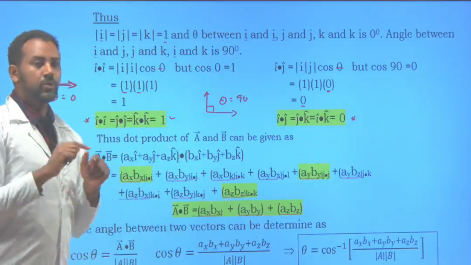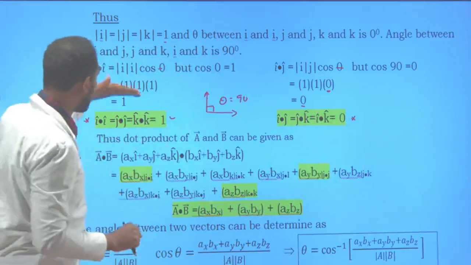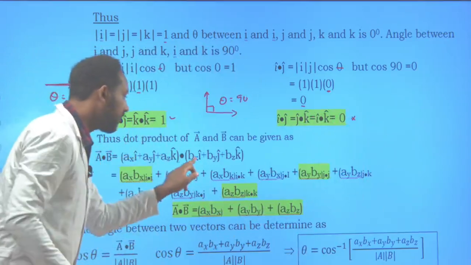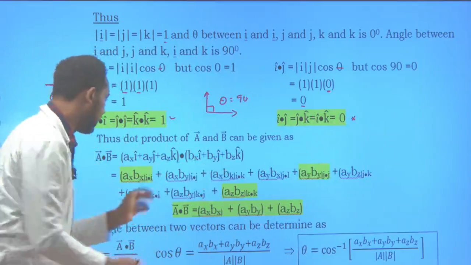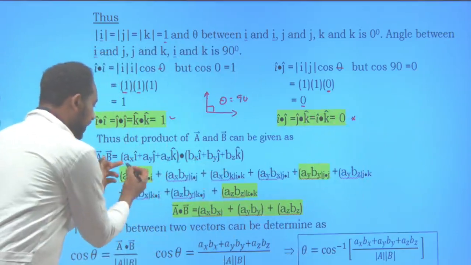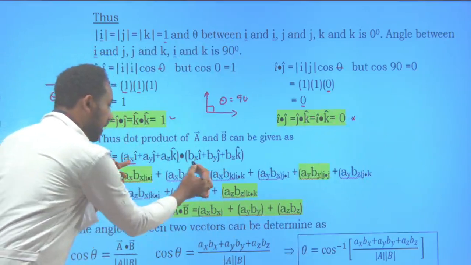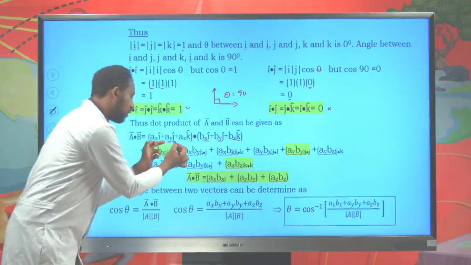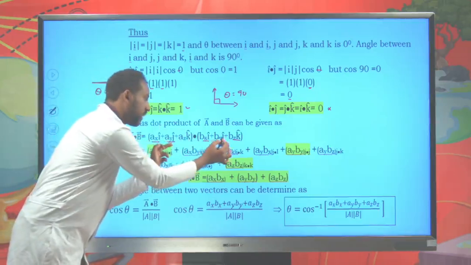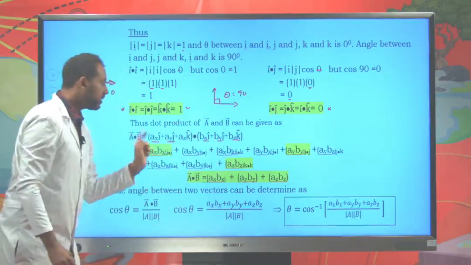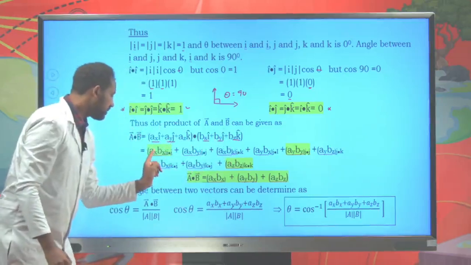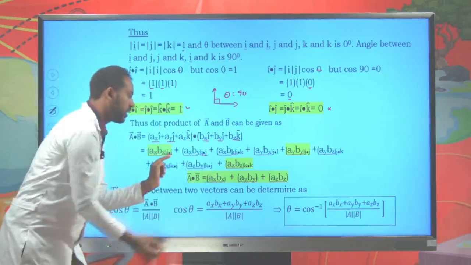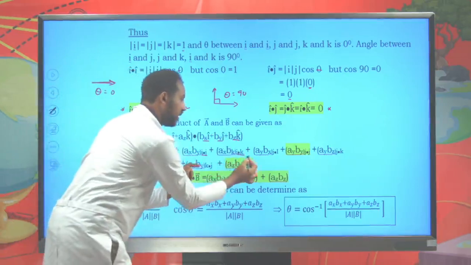Then let's find the dot product of two vectors. Previously we know that A is ax i, ay j, az k, dotted with B, which is bx i, by j, bz k. Let's multiply these two. ax i can be dotted with bx i, by j, and bz k, and the same is true for ay j and az k. What we get is ax bx (i dot i), ax by (i dot j), ax bz (i dot k), and so on.